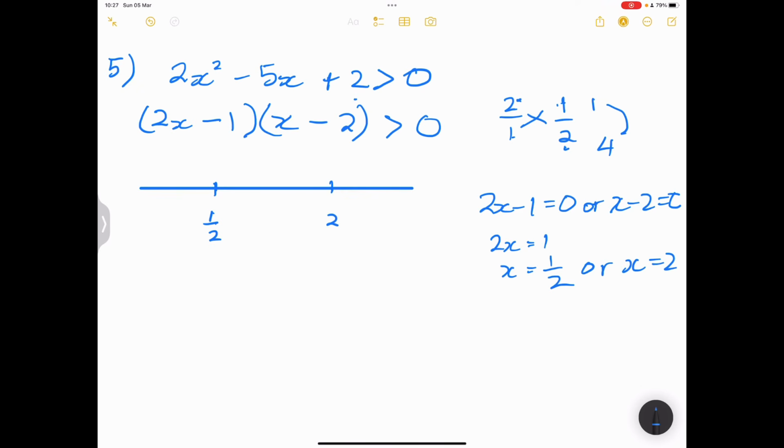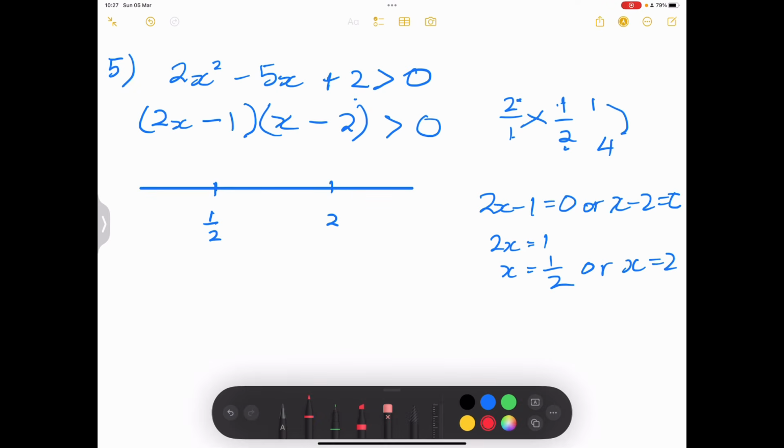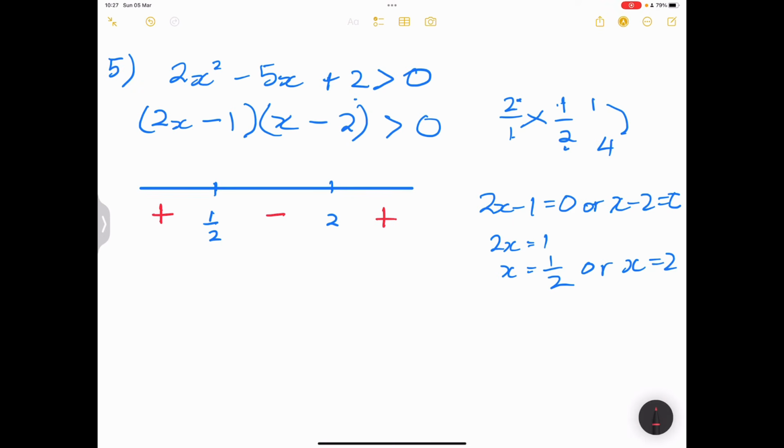Right? So we want where this graph is greater than 0. Okay? So we know that we're going to have positive here, negative there, positive there again. Our a value is greater than 0, so that's how it's going to be.